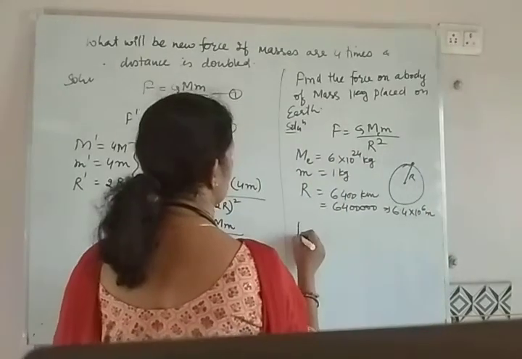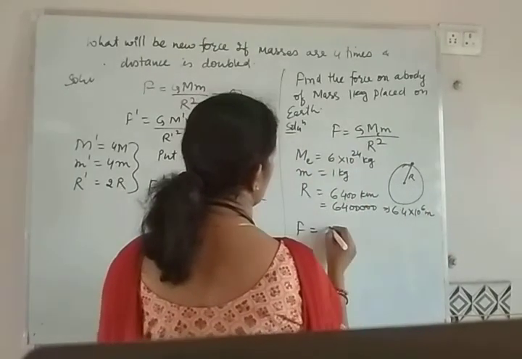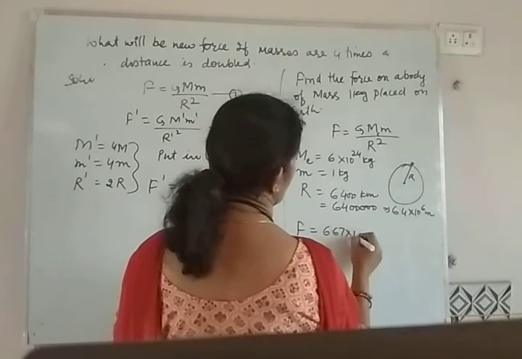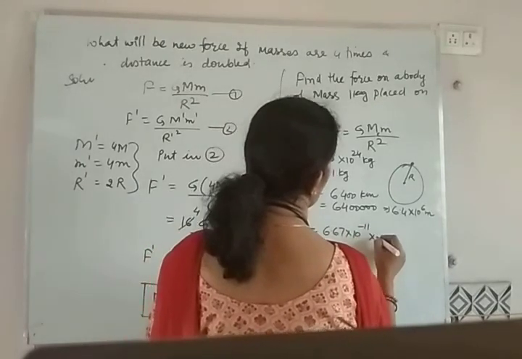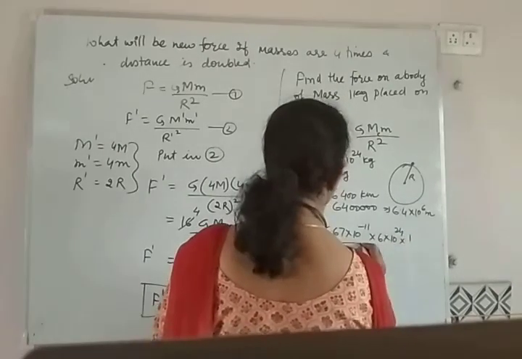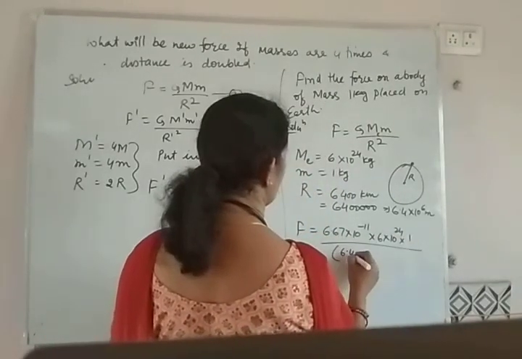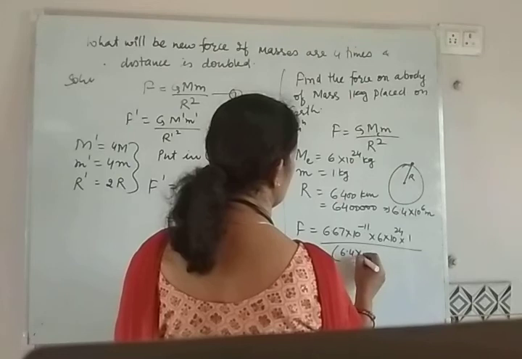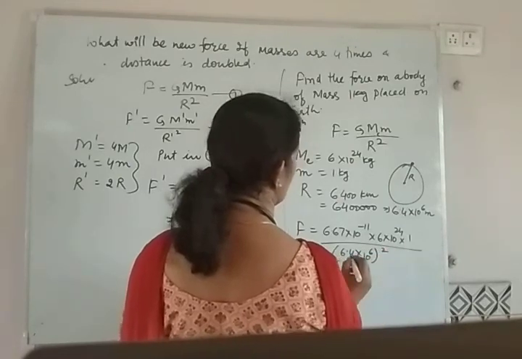Put this in the value of force. You know G is 6.67 into 10 raised to power minus 11, into 6 into 10 raised to power 24, into 1, and R square is 6.4 into 10 raised to power 6 whole square.